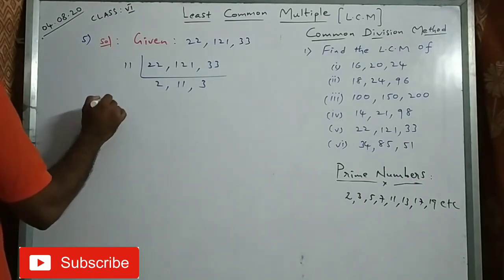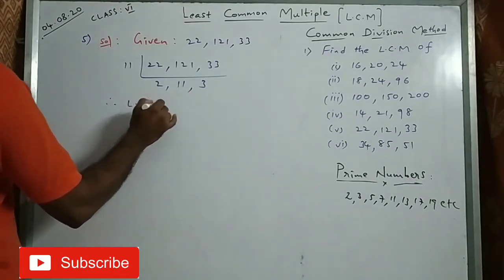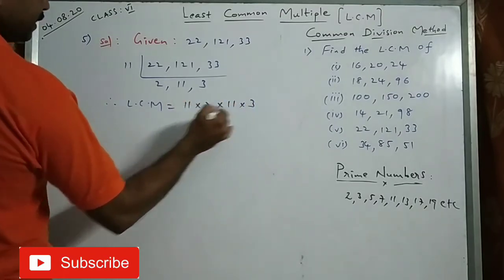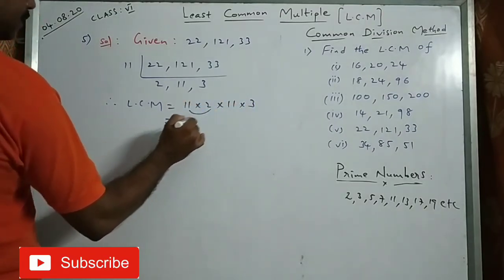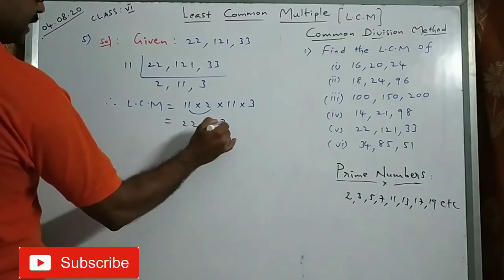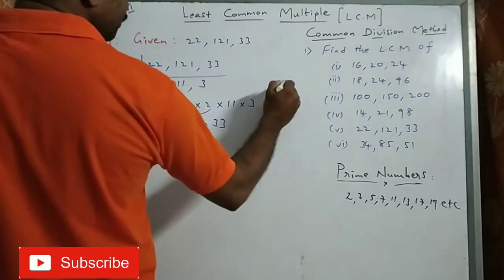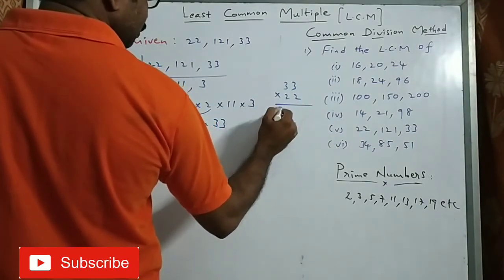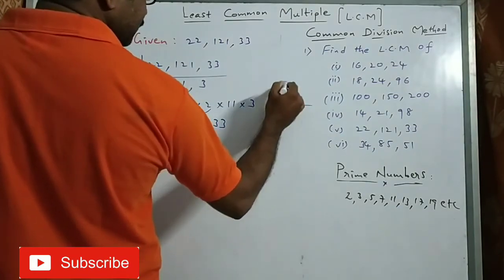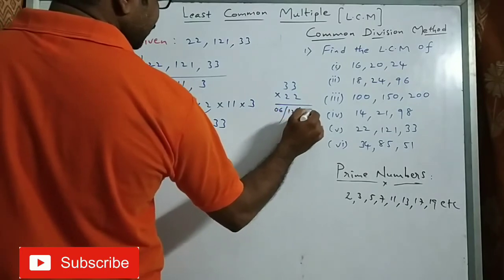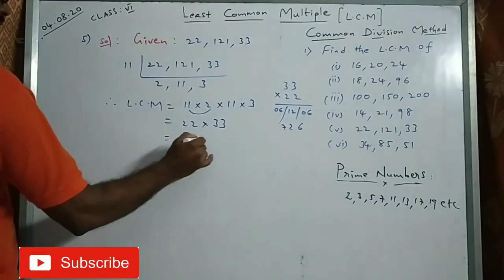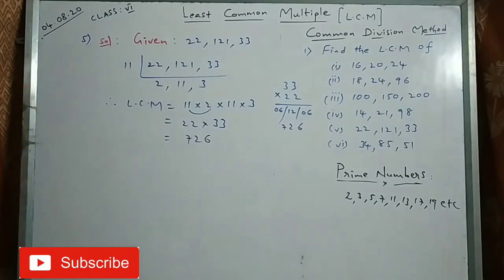So you need not go further. Therefore the LCM is equal to 11 into 2 into 11 into 3. 11 2s are 22, 11 3s are 33. 33 into 22, multiply. 2 3s are 6, 6 plus 6 is 12, 3 2s are 6. 726 is the LCM of the given numbers.